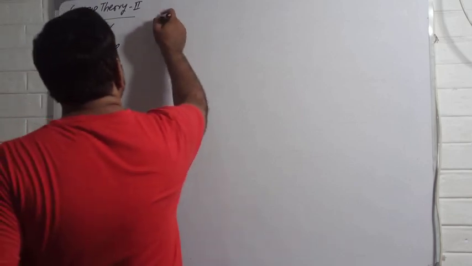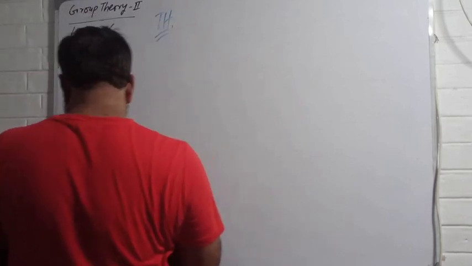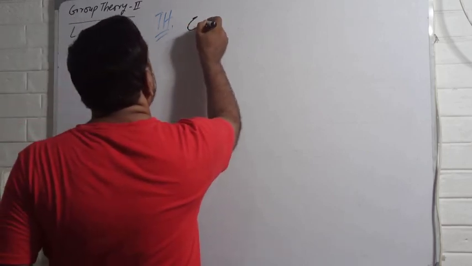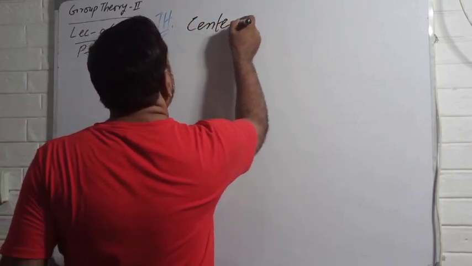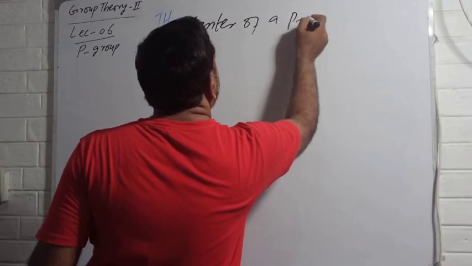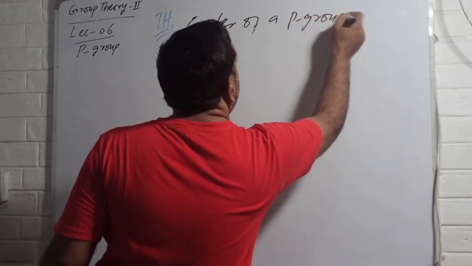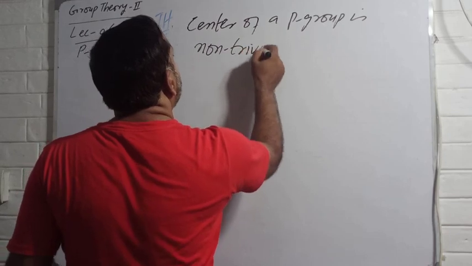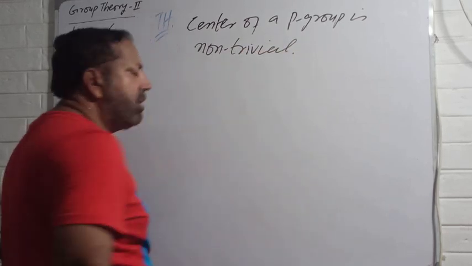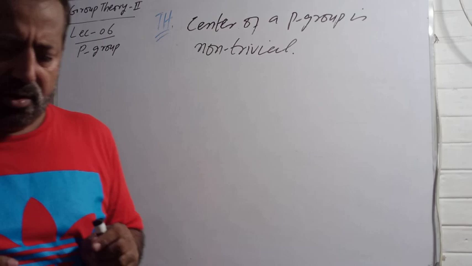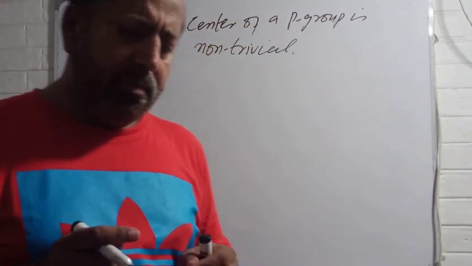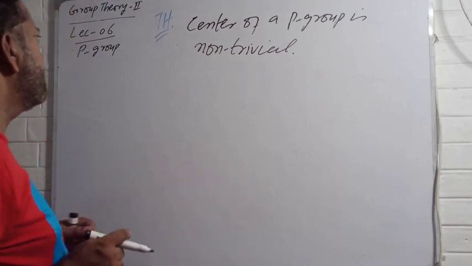The theorem is: the center of a p-group is non-trivial. You can see this with the help of examples. You know which are the p-groups.